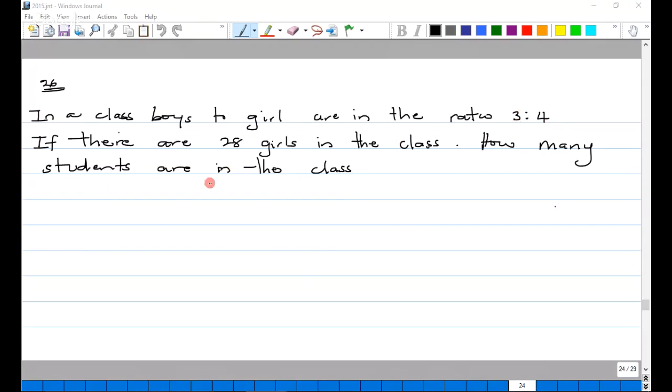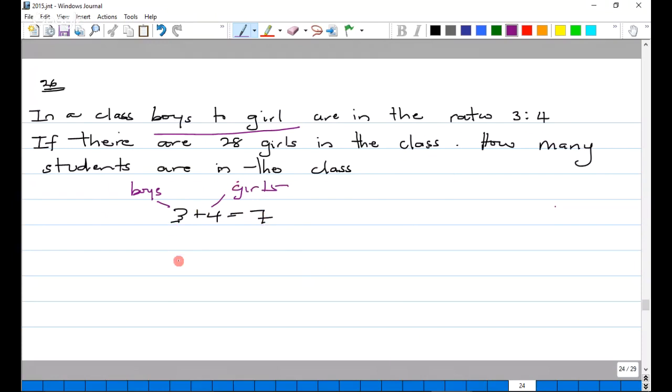To get the total number of shares, we're going to have to add the 3 and the 4, giving us 7 total shares. Now, first question. These are the terms, boys to girls. So the 3 represents the what? The boys. And the 4 would represent the girls. And the whole would be 7 over 7.